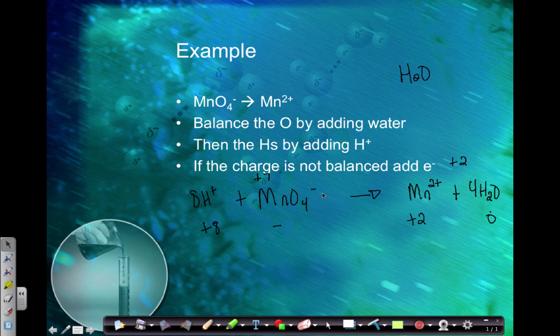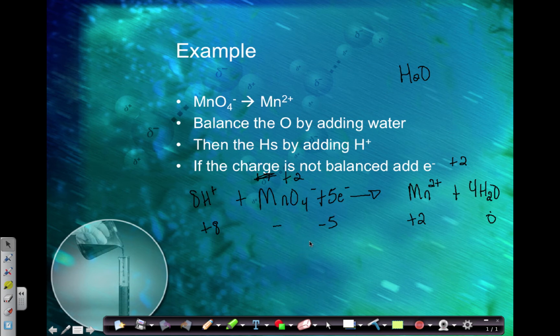So I'm going to do that by adding 5 electrons. So that means I'm adding -5 to that. So that's -5 plus -1, which is -6, plus a +8 would give me a +2. So I need to add electrons to make this side less positive.